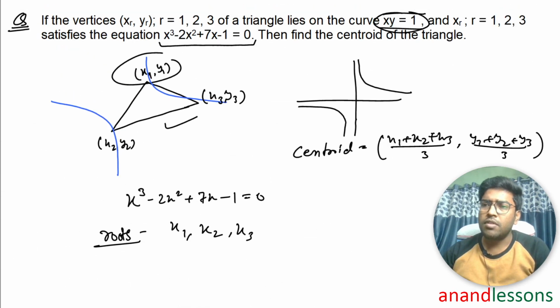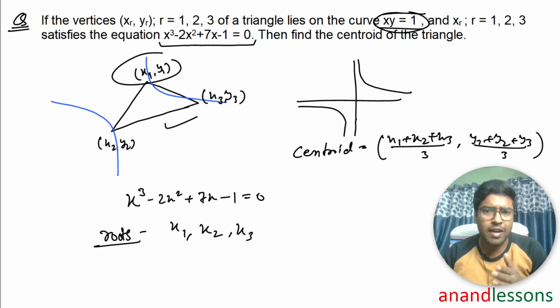Let's recap it once more. Our question was that there is a triangle with vertices xr, yr, where each vertex can be read as x1 y1, x2 y2, x3 y3, and these vertices lie on the curve xy is equal to 1. Again, knowledge of that curve is not necessary for this question.